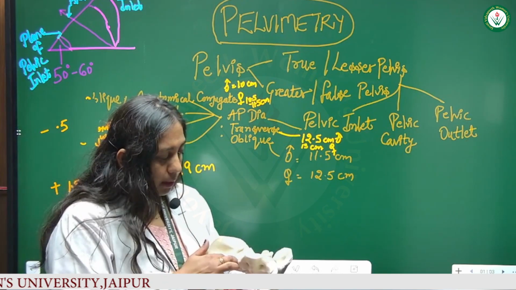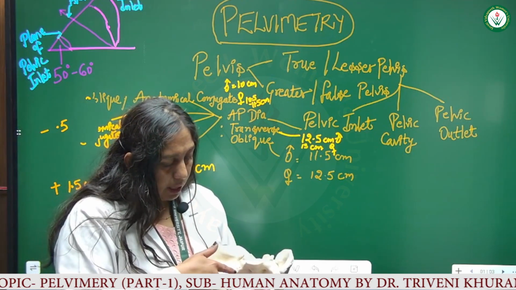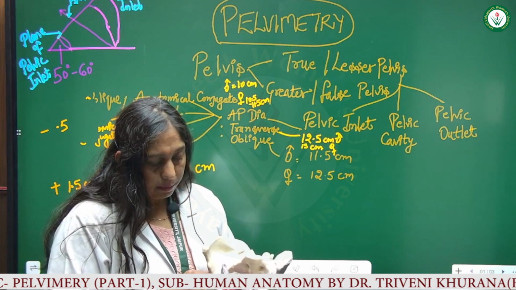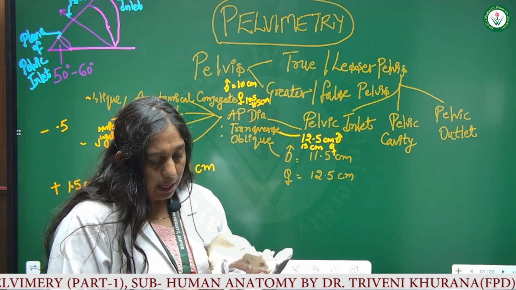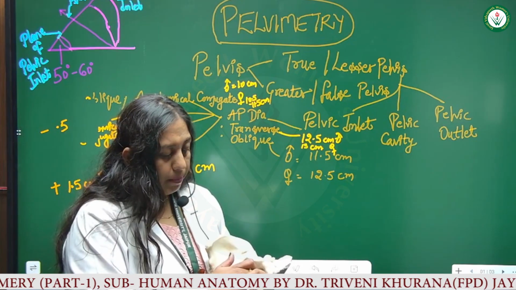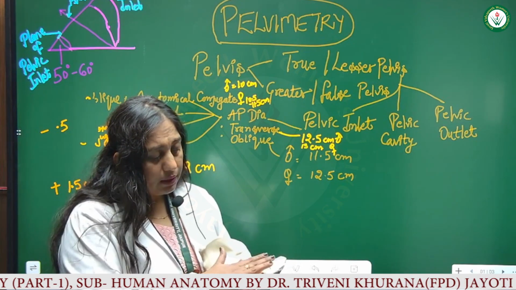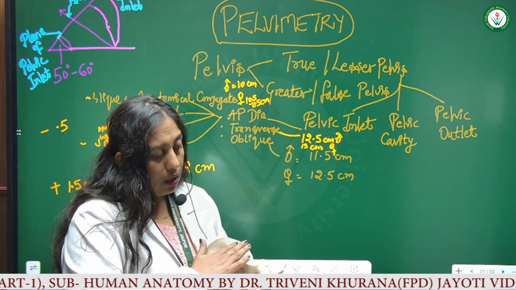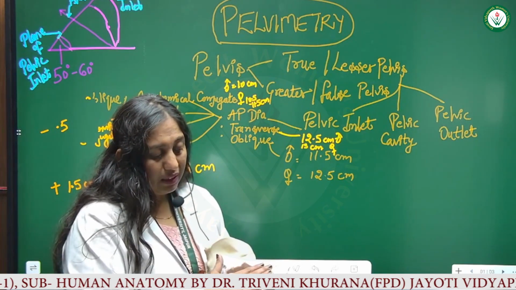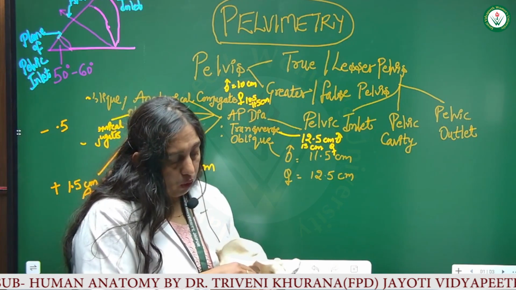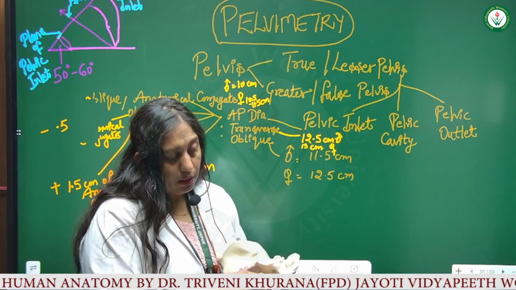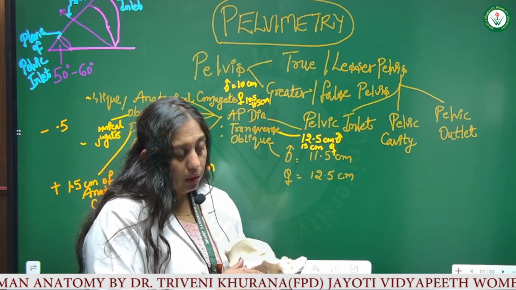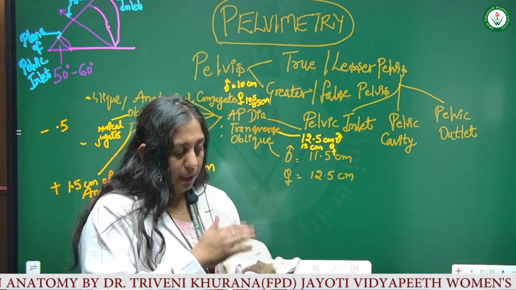It is the line contributed by the arcuate line, the pecten pubis and the pubic crest. So the pelvic brim divides this pelvis into the false pelvis, which is the greater pelvis, and below the pelvic brim there is a lesser pelvis, or we can say the true pelvis.